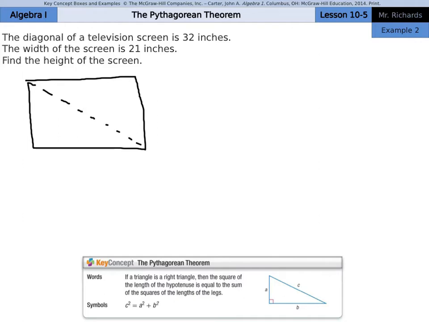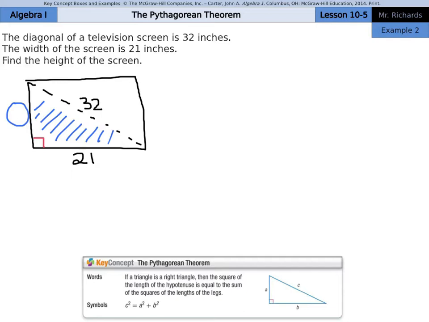I'm going to label this 32. Now, the width is 21 inches, so here's my width at 21 inches. Here's a right angle. What we have formed here are two triangles, and we just need to use one of these triangles in order to find this missing side, the height of the screen.